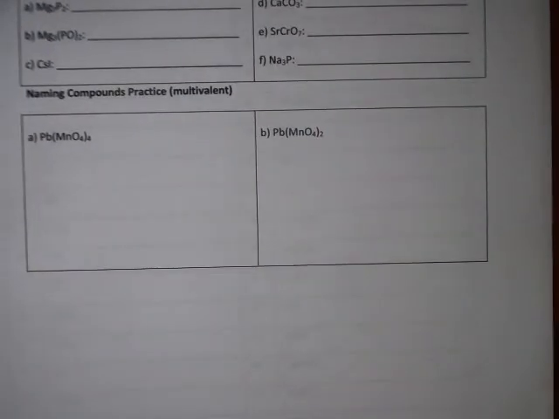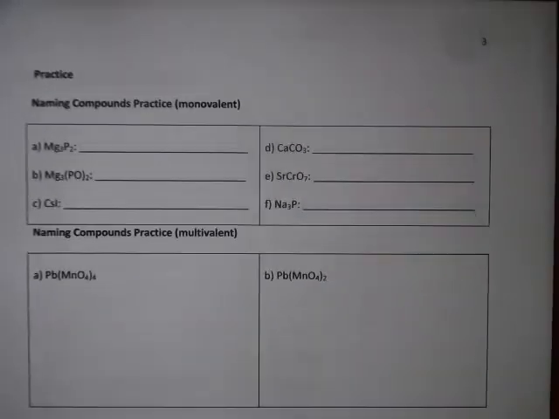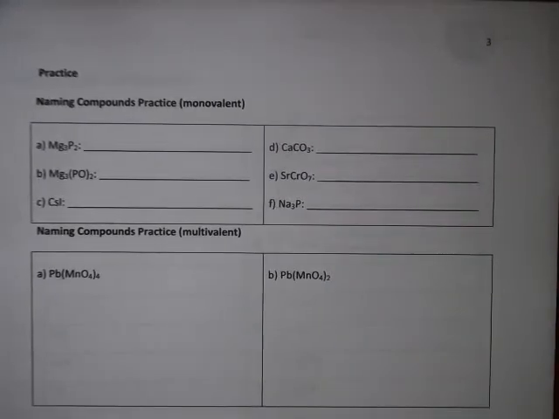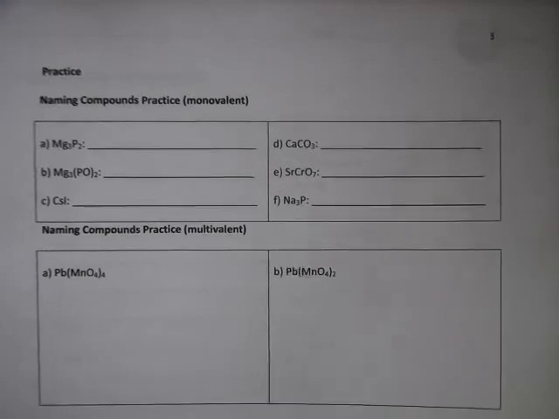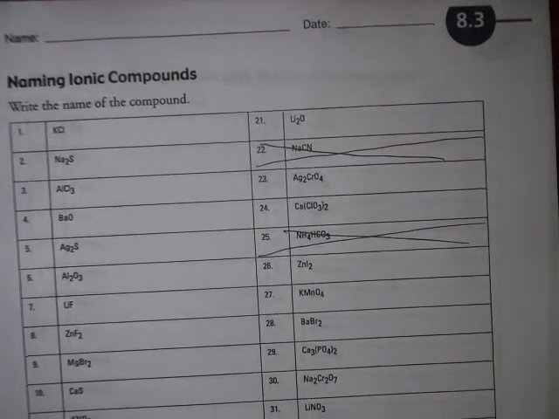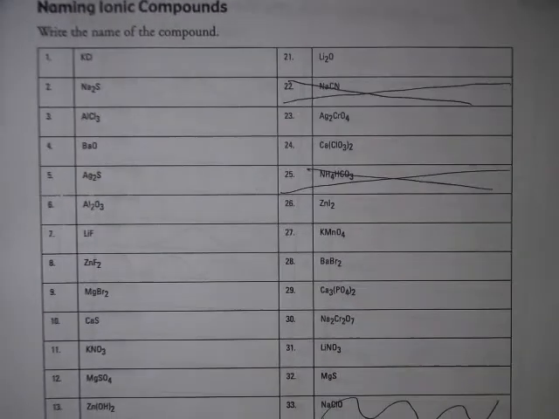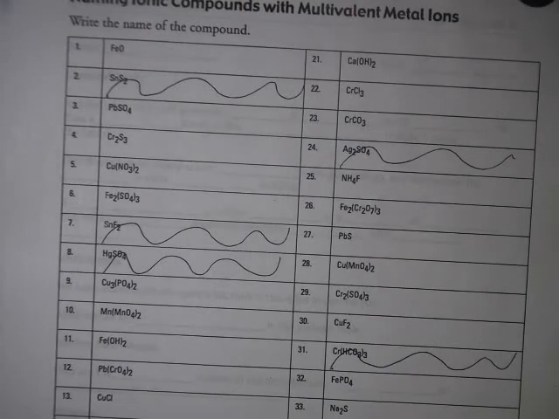Practice. Okay, I want you to practice now, right now, using the strategies that I just gave you, and then when you're finished that, there is naming ionic compounds 8.3, and, oops, sorry, you can't see the titles on there.